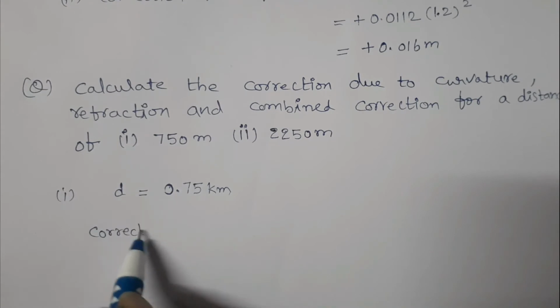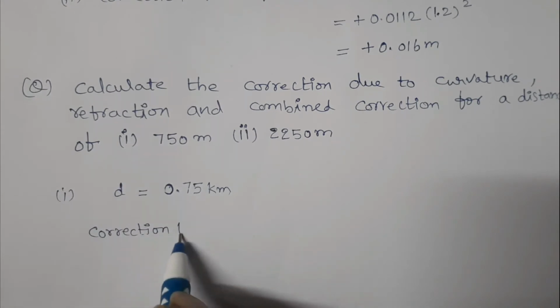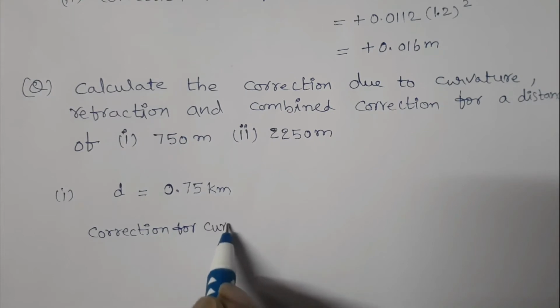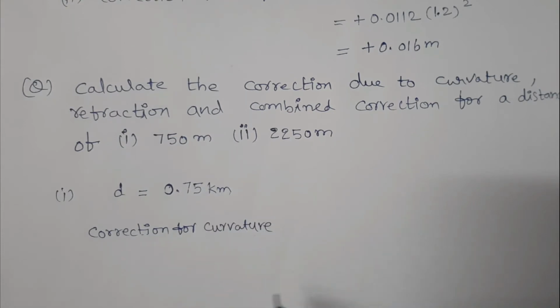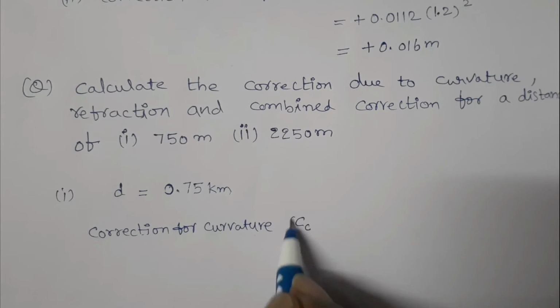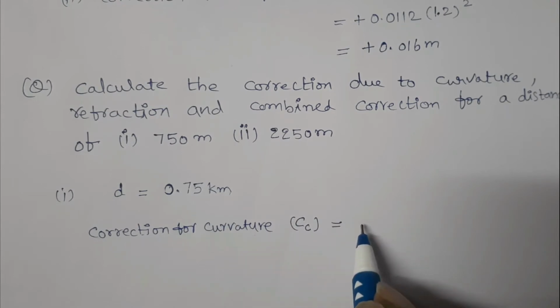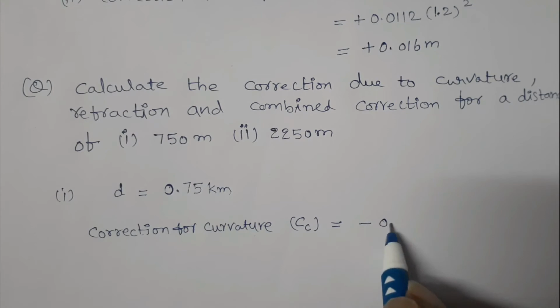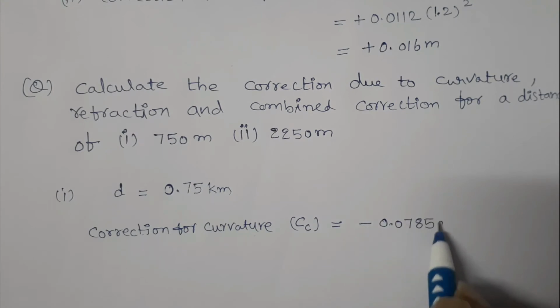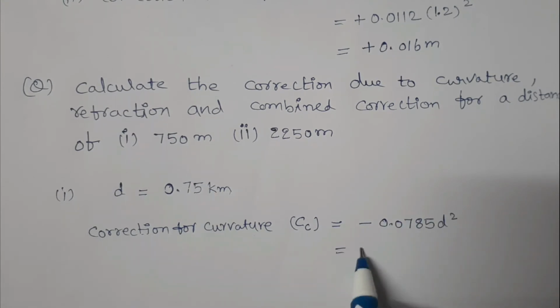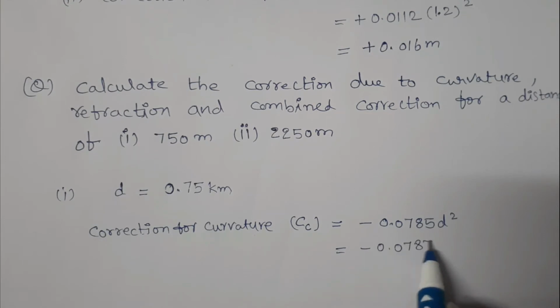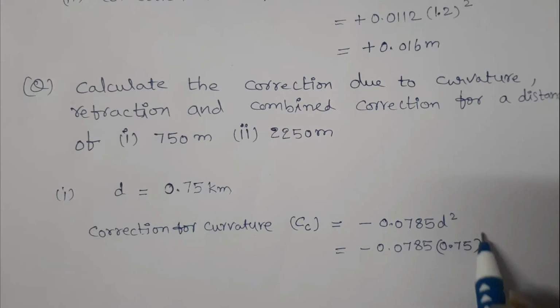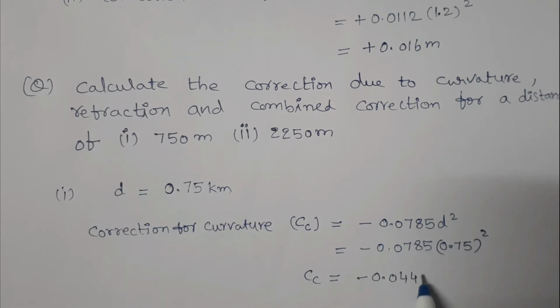Correction for curvature is equal to minus 0.0785 d square, where d is 0.75 kilometers, which is minus 0.044 meters.